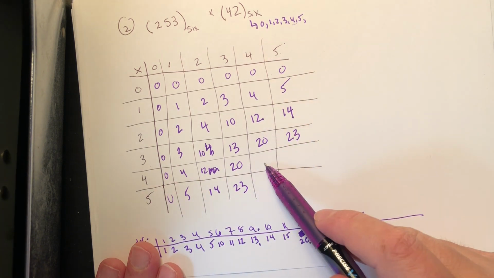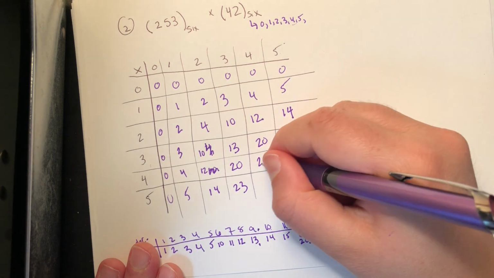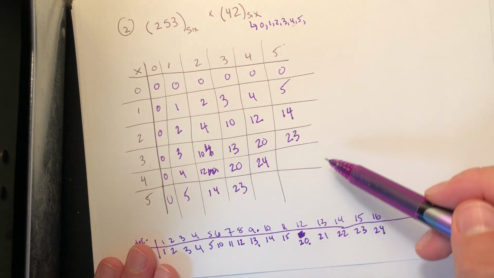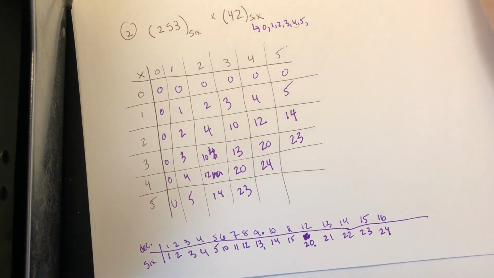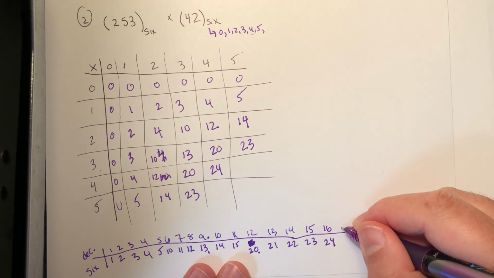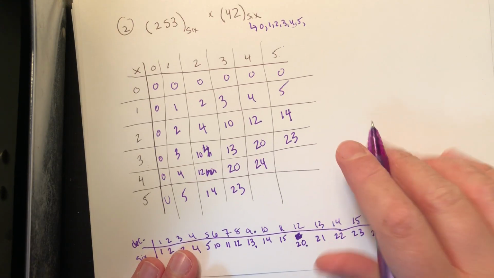4 times 4 would be 16, which would be 24 in base 6. 4 times 5 is our 20. So what would that be? Oh boy, we'd have to continue our table all the way up to 25. This is a little bit annoying. Well, maybe just for these last few, I'll actually do the conversion myself.